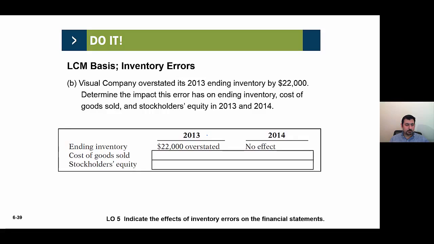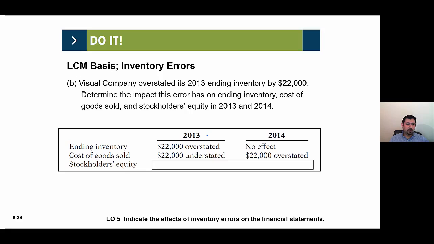The cost of goods sold: because the ending inventory in 2013 was overstated, the cost of goods sold in 2013 will be understated, but in 2014 it will be overstated. If you remember, the ending inventory in 2013 becomes the beginning inventory in 2014, which will have this effect because it will be overstated.